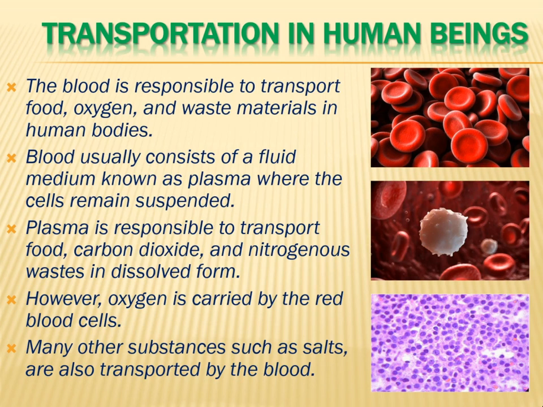Now, blood usually consists of a fluid medium known as plasma, where the cells remain suspended. Now, the plasma is responsible to transport food, carbon dioxide, and nitrogenous waste in dissolved form.